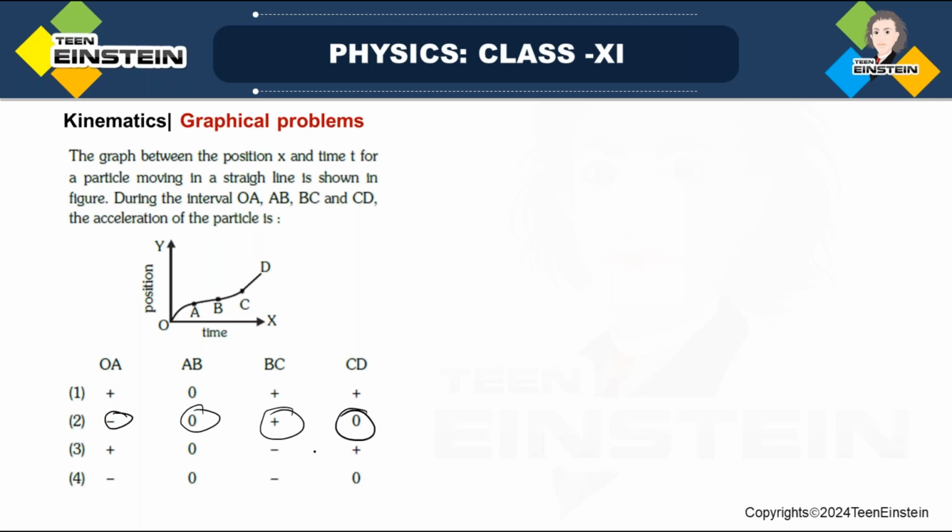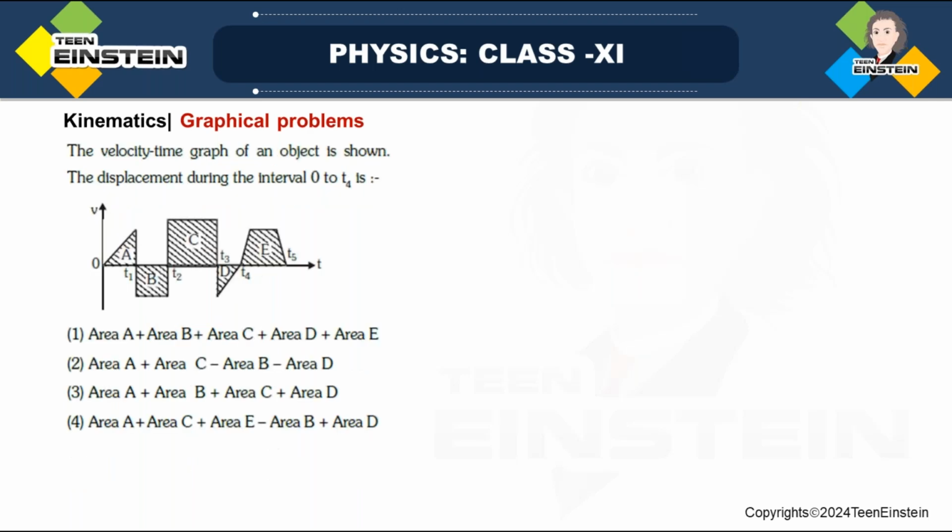I'll go to some more questions. See, here the velocity time graph of an object is shown. The displacement during 0 to T4, with areas A, B, C, D. During 0 to T4, what is the displacement?